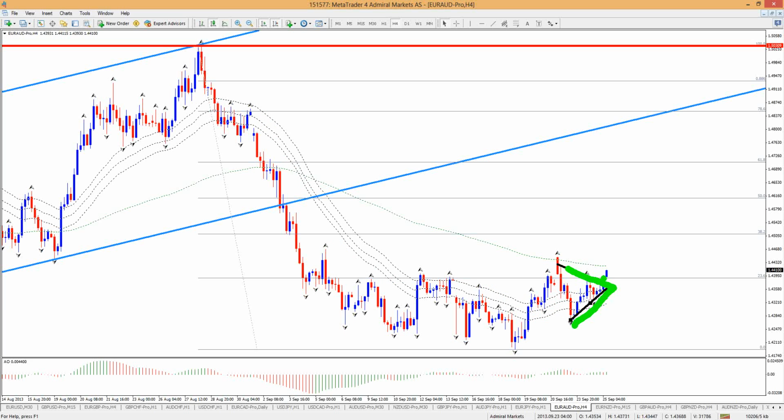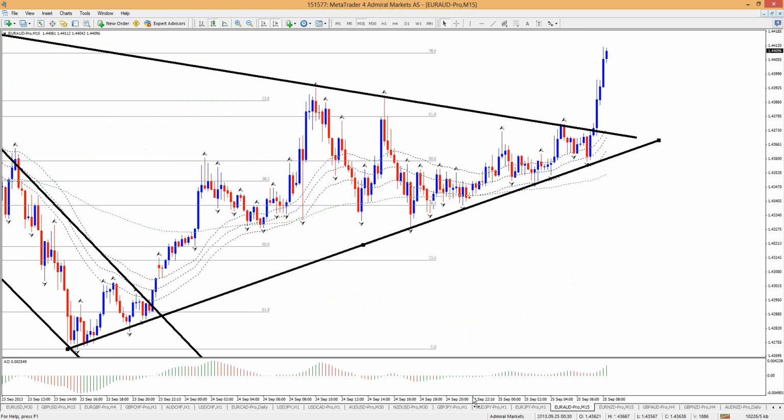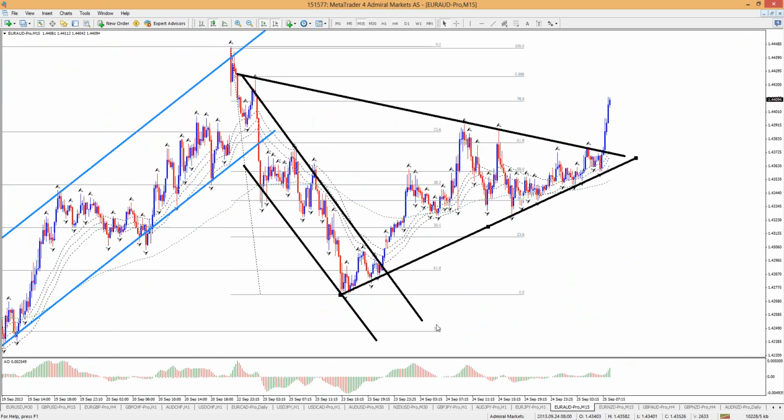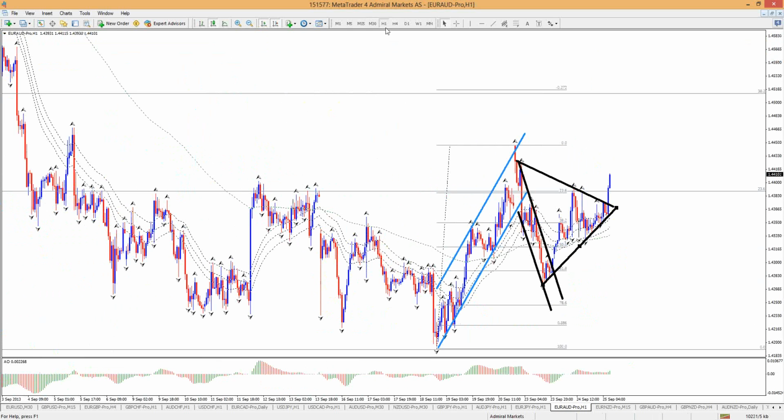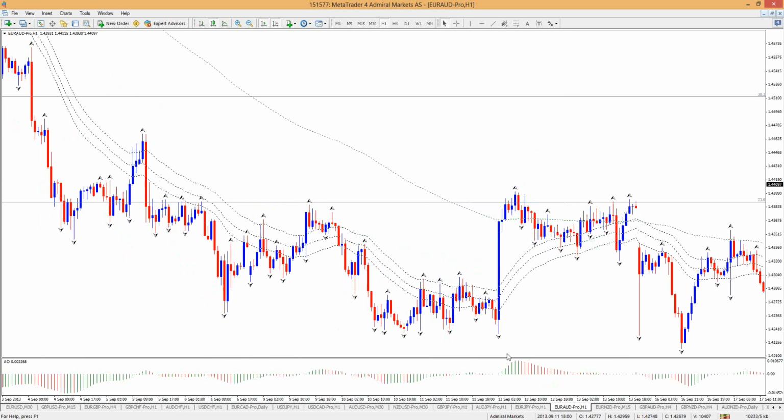That's why I'm interested in that trade to the upside, because we could be breaking here, bouncing, and continuing. Alrighty, let's keep an eye on this.